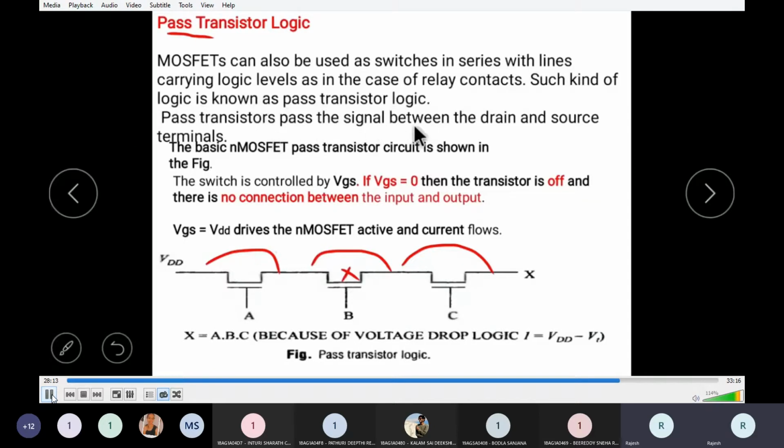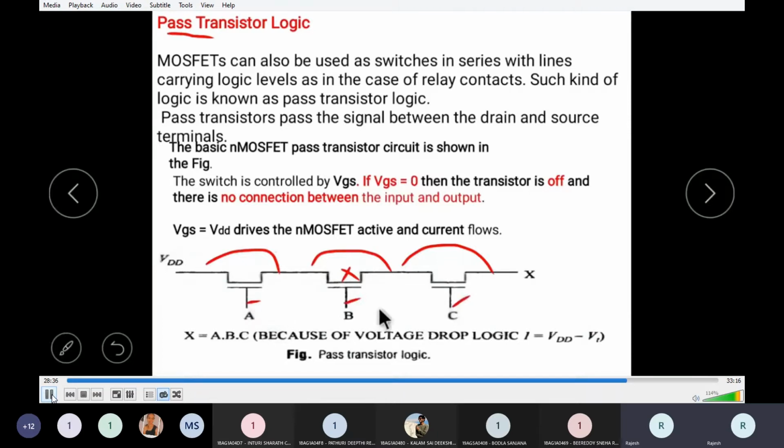Pass transistors pass the signal between the drain and source terminals. This is a pass transistor logic arrangement using NMOS transistors. If VGS is greater than the threshold, the transistor is on. This is the gate terminal.